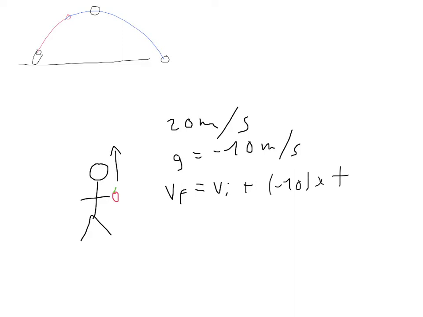So for example, if I asked you, how long does it take to reach the highest point? Well, piece of cake, at the highest point the speed is 0, because it stops, otherwise it would just keep going up, right? So 0 equals 20 minus 10t, and from here we easily see that t equals 2 seconds. So it takes 2 seconds to reach the highest point.